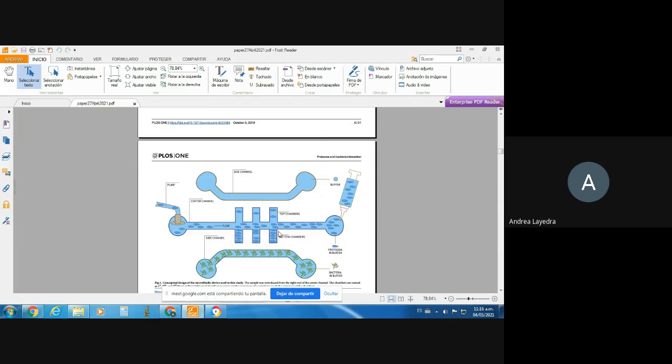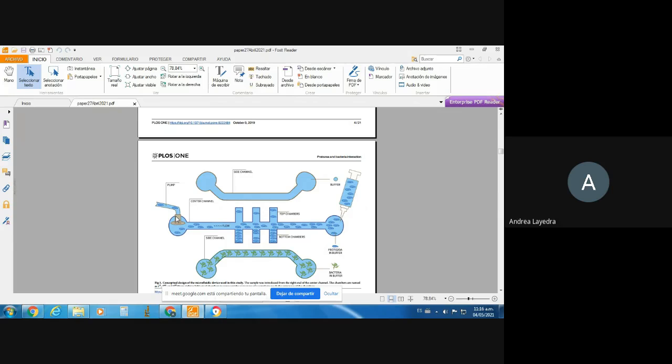The lateral channels are for the buffer and for the entrance of the bacterial samples. For testing, a suspension of Euglena was allowed to flow through the central channel in a volume of 100 microliters. The Euglena suspension was added to the central channel, and the flow rate was controlled by a syringe pump here.